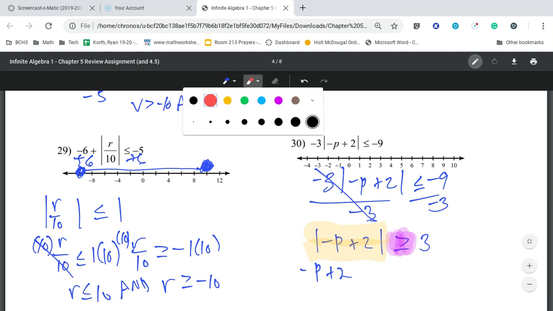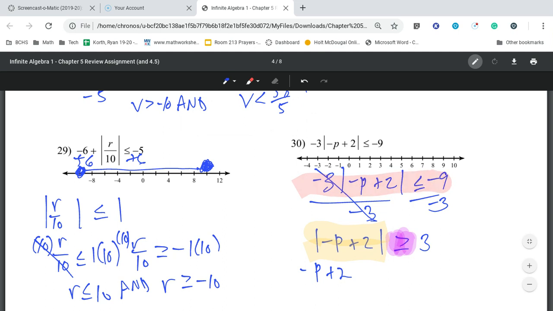In this step, absolute value is not by itself yet. So you can't decide. If it was an equation, you couldn't decide, no solution. Since it's an inequality, you can't decide "and" or "or" until absolute value is by itself.